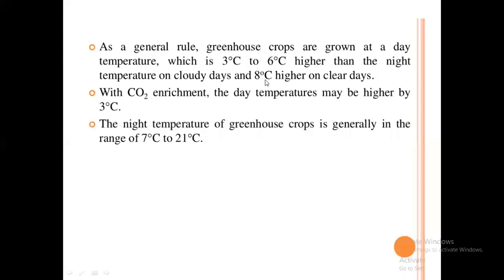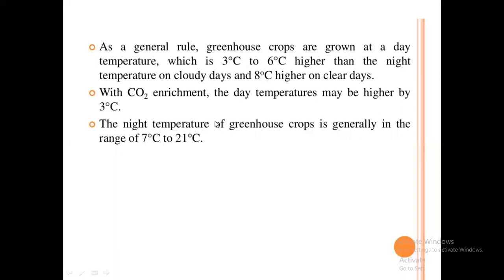These are the general ranges of temperature given as compared to the night temperatures during clear sky conditions. And with CO2 enrichment, the day temperature may be higher by 3 degrees Celsius.